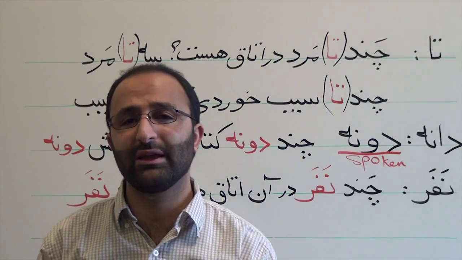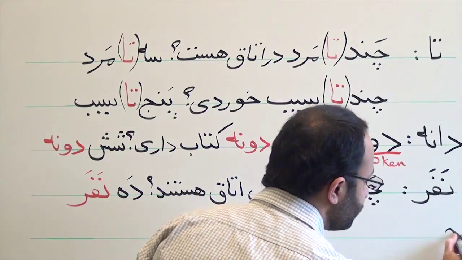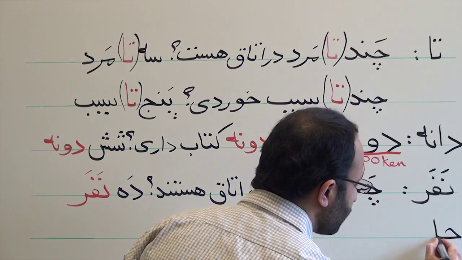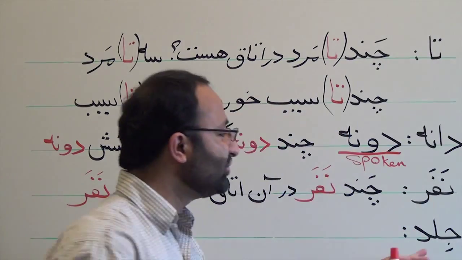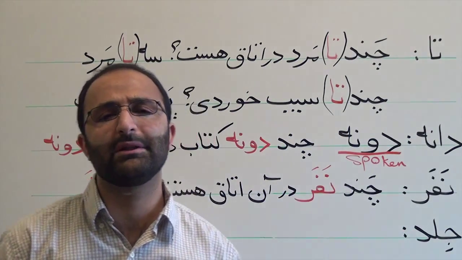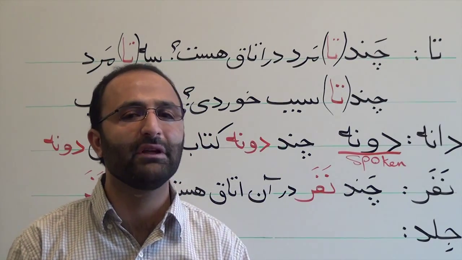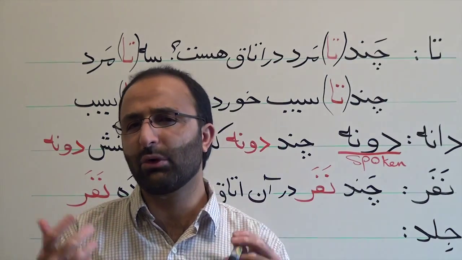Another counting word that is more specific is جلد. جلد is just used for books, and it's very common. So for example, you want to know how many books I have, so it's more formal.